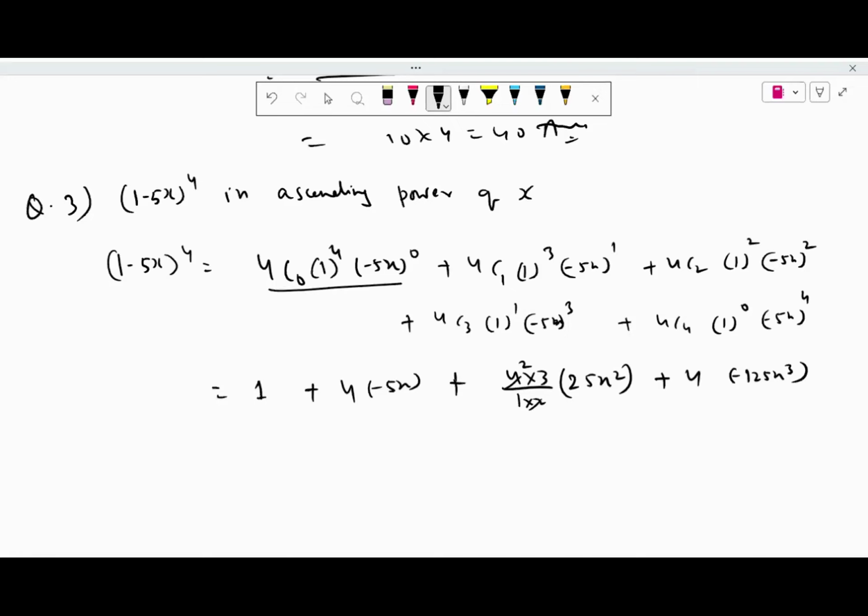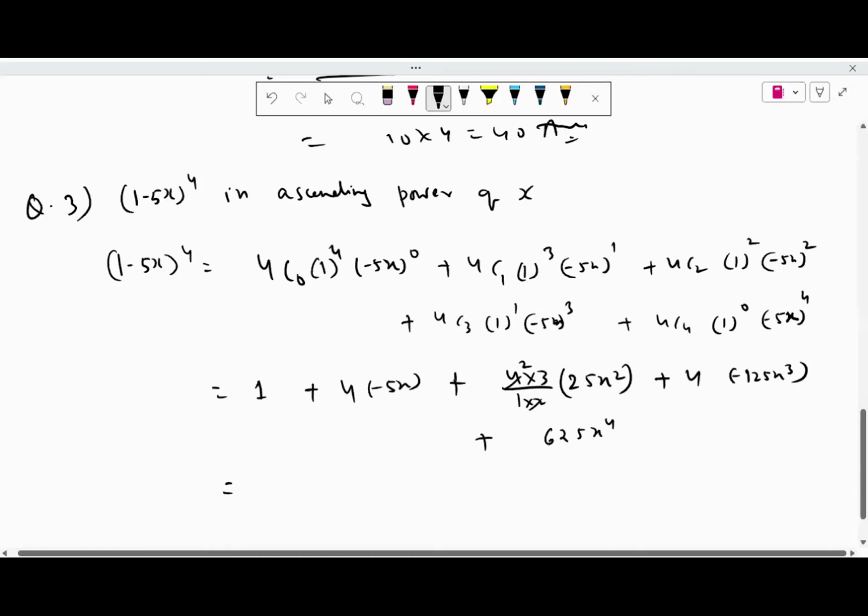See, this whole term will be negative 125x cube. And plus 4C4 only, negative 5x to the power 4, so this will be 625x to the power 4.